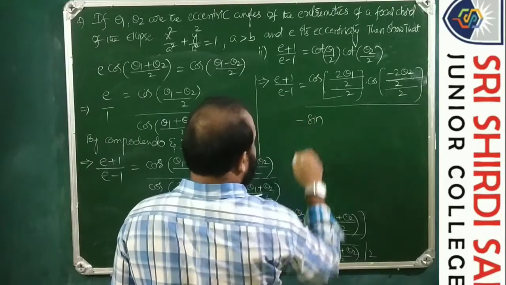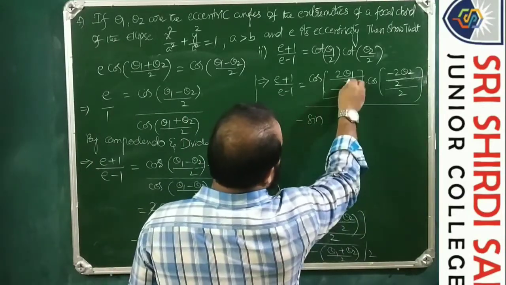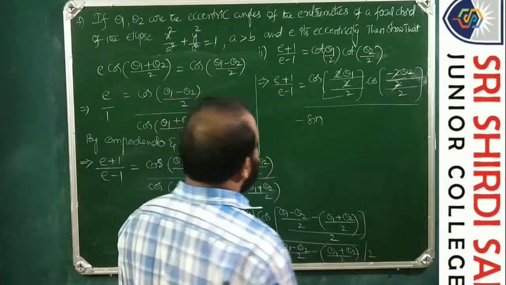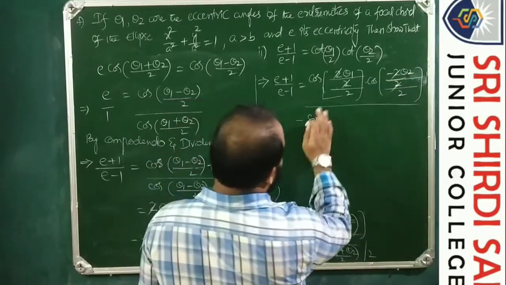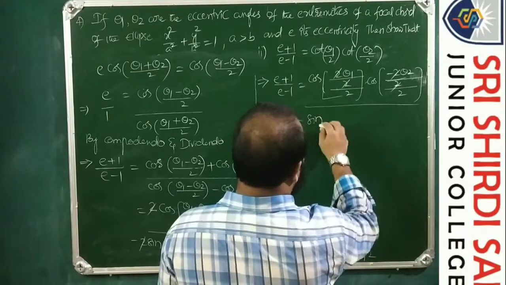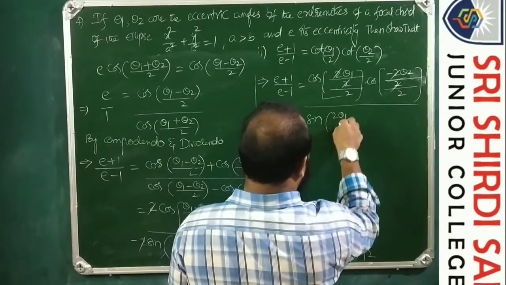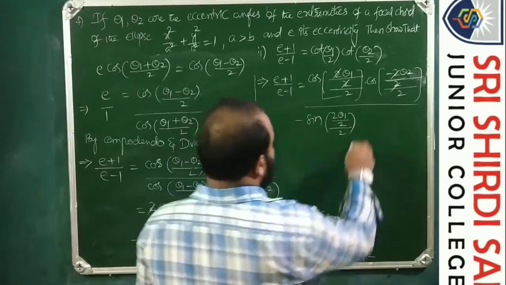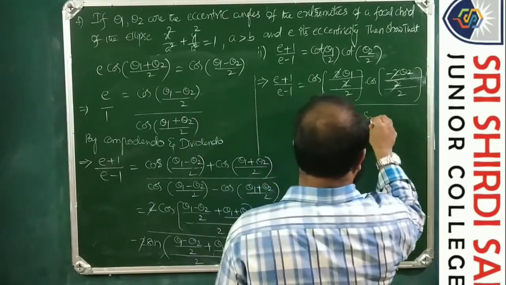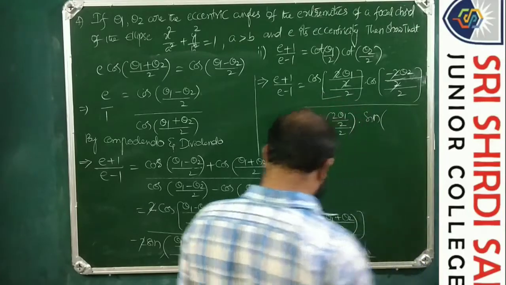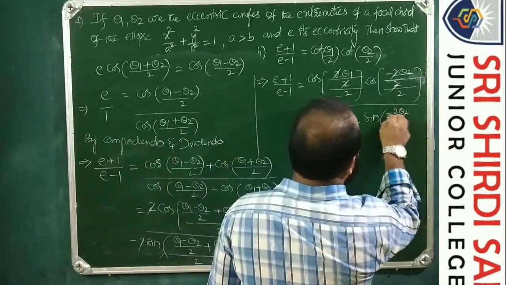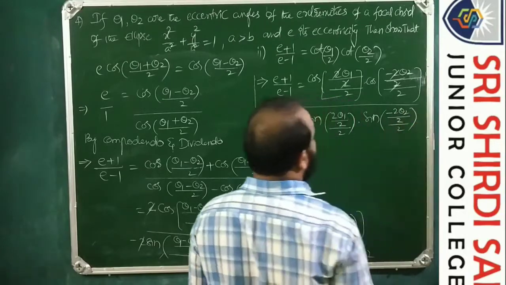Minus sine. So here 2 gets cancelled, and here also 2 gets cancelled. So we get 2 theta 1 by 2 by 2 for the sine, and minus 2 theta 2 by 2 by 2.